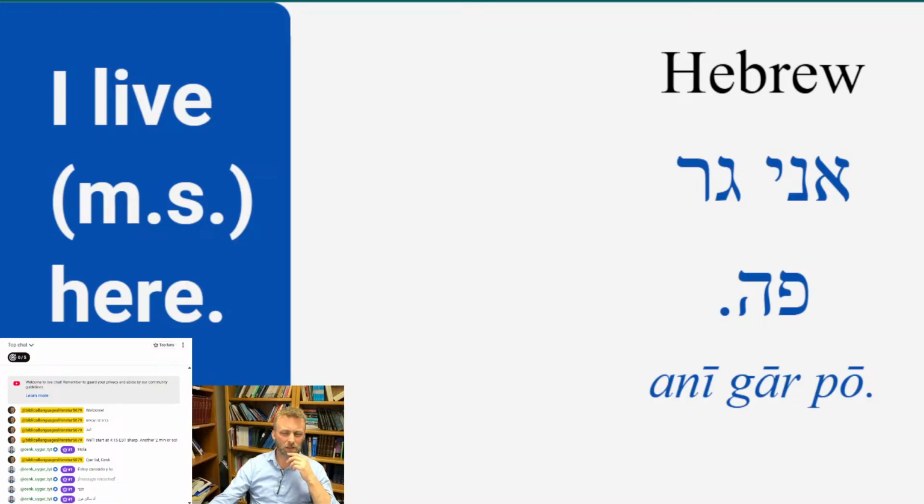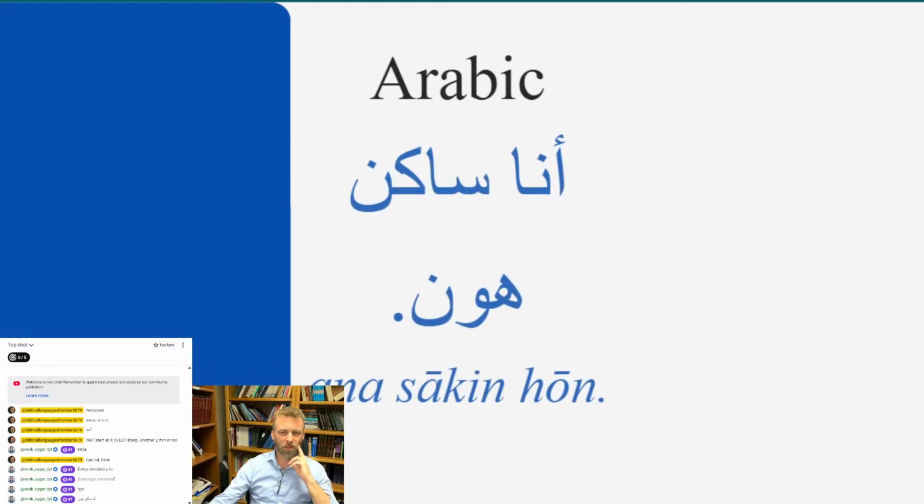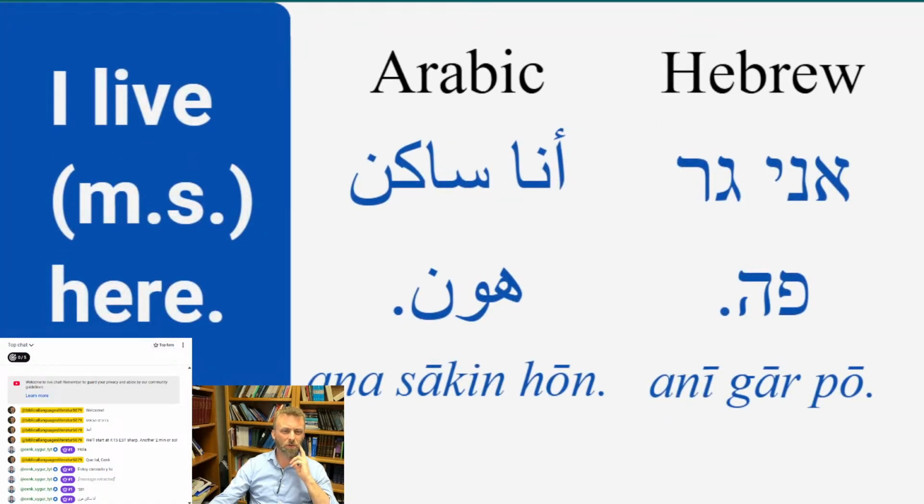Ani gar, and then po means here. Ani gar po. So both of them together, we have in Arabic, ana sakin hon. I live here. And in Hebrew, ani gar po. Okay, so if you have any questions, please feel free to add them.